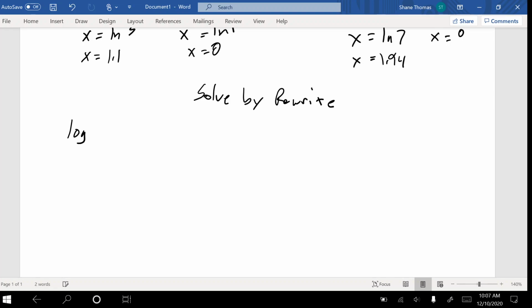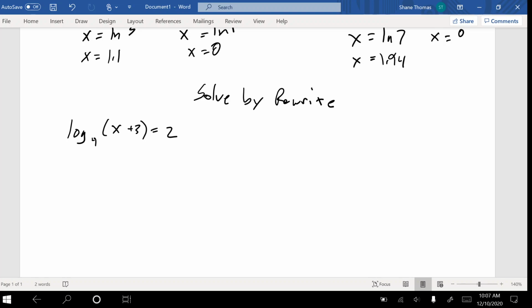I go to the log base 4 of x plus 3 is equal to 2. Now, if you remember back to the very first rule of logs, flip back in your notes to the very first day we did logs. We had a log rule where we were able to go from logarithmic to exponential and from exponential to logarithmic.